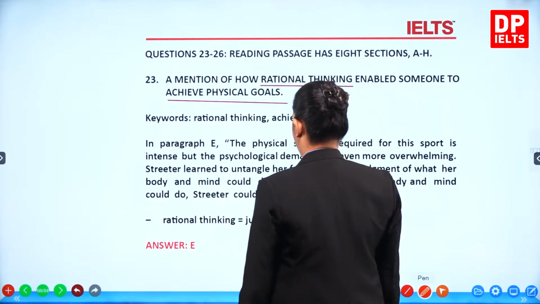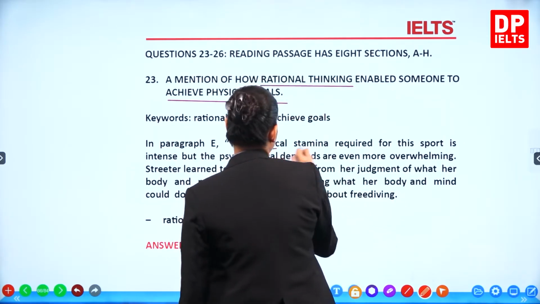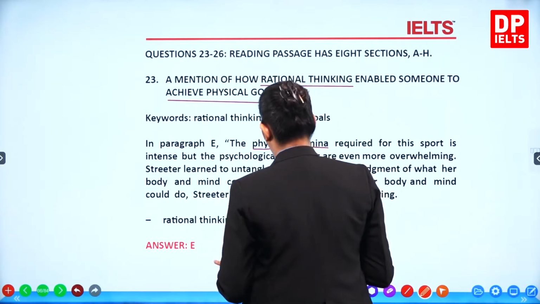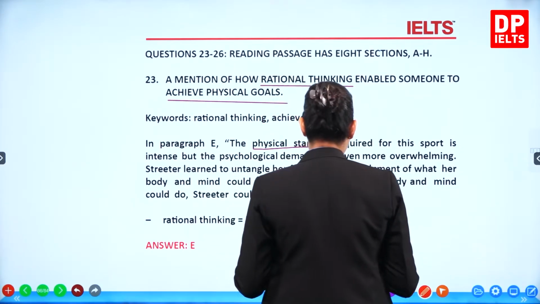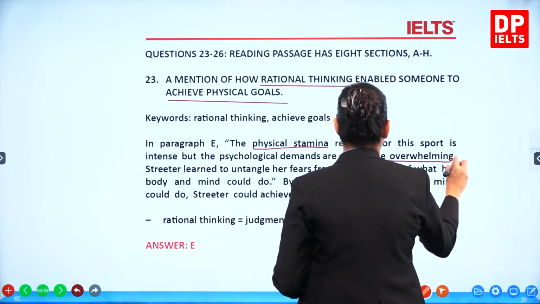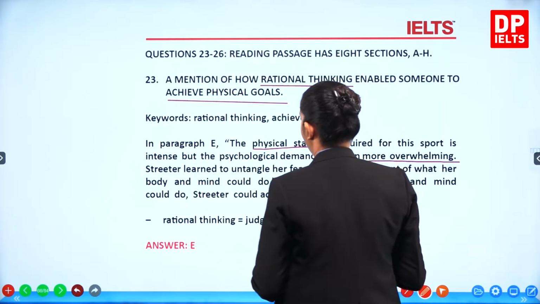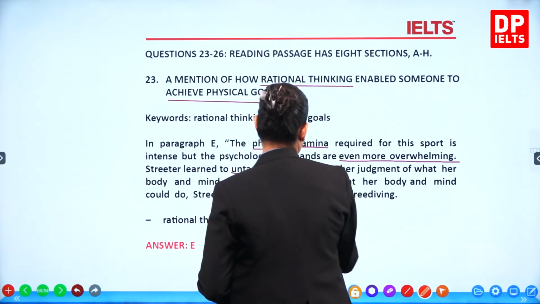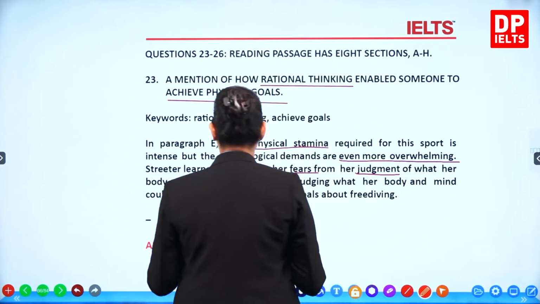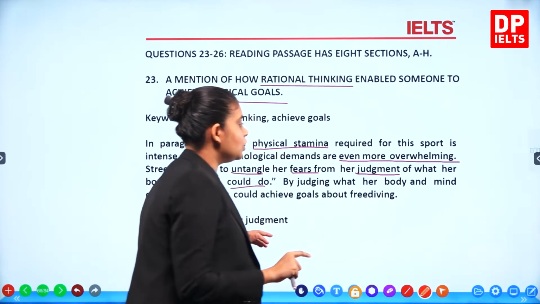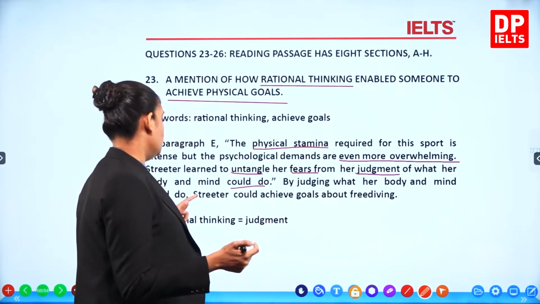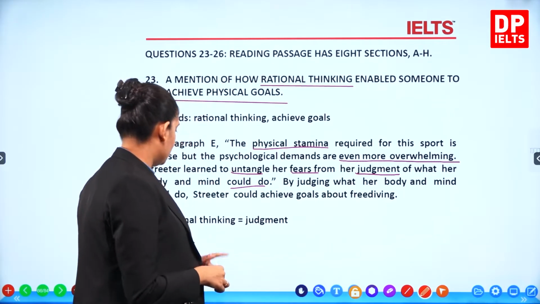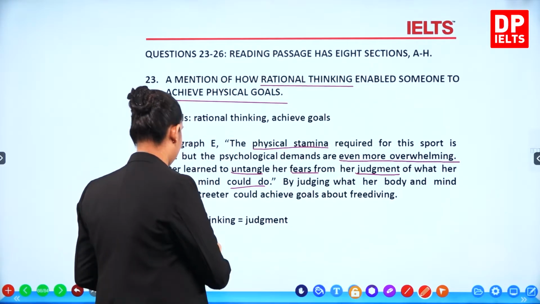Go to paragraph E. The physical stamina required for this sport is intense, but the psychological demands are even more overwhelming. Streeter learned to untangle her fears from her judgment of what her body and mind could do. By judging what her mind and body could do, Streeter could achieve goals about free diving. So here the answer is E.